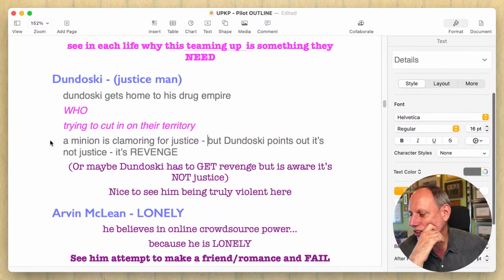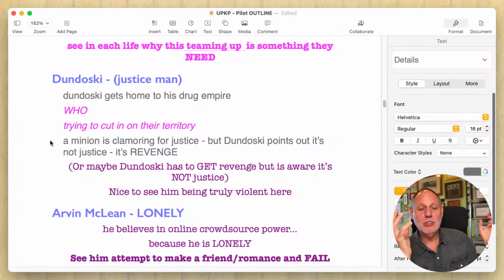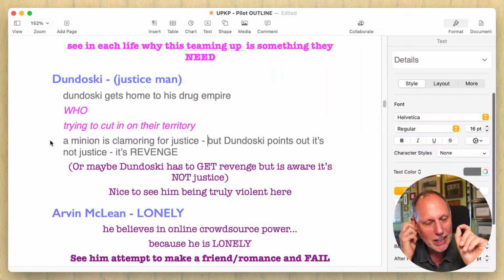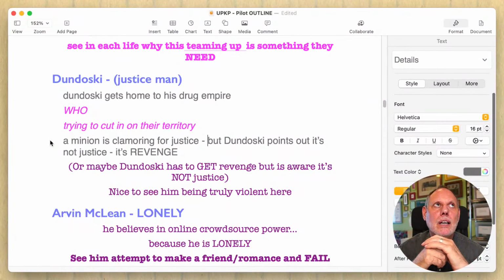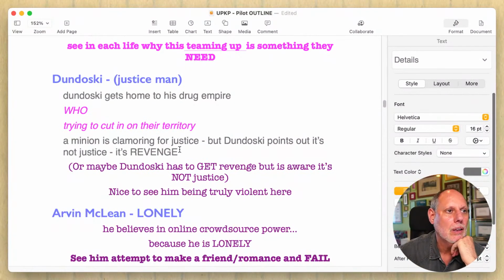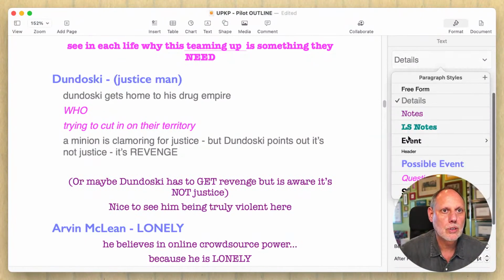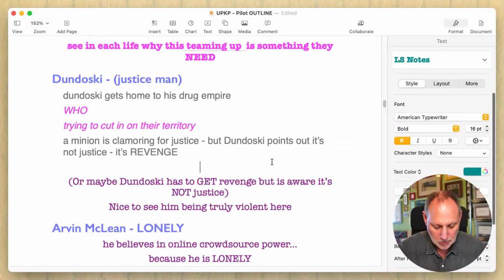This is a large issue. I know it's a large issue. I'm just trying to think specifically of the fine point. Okay, let's think about this. What makes something revenge and not justice?